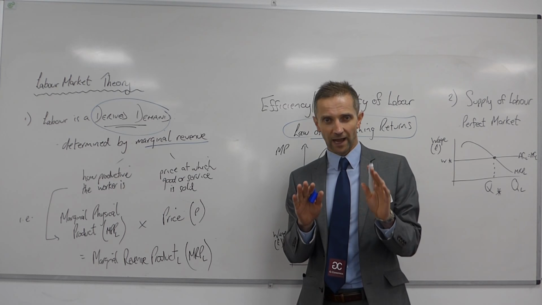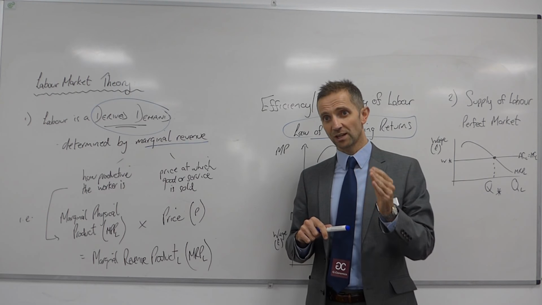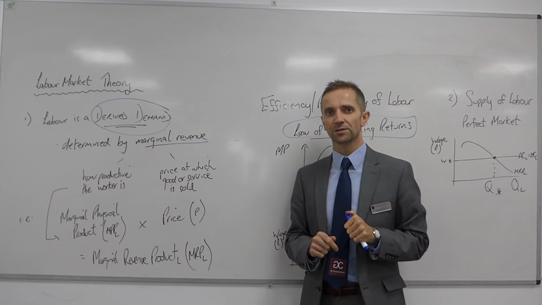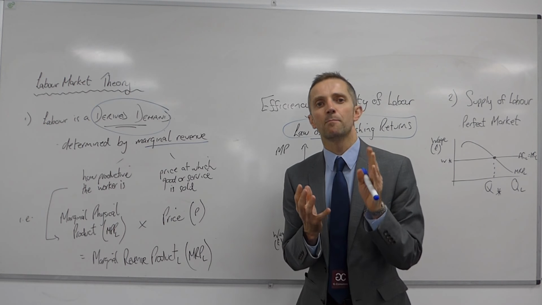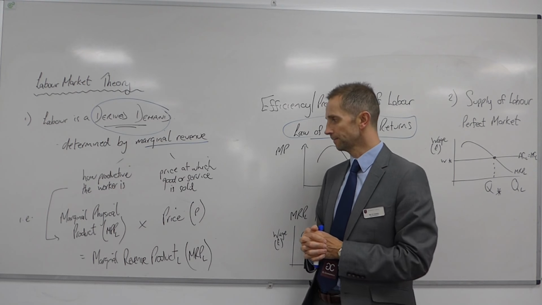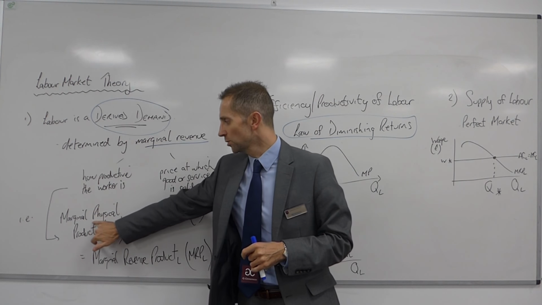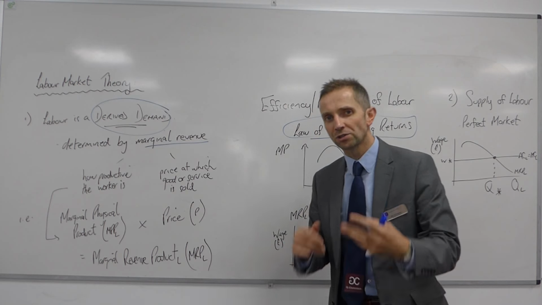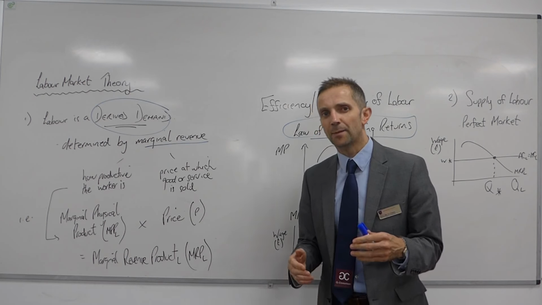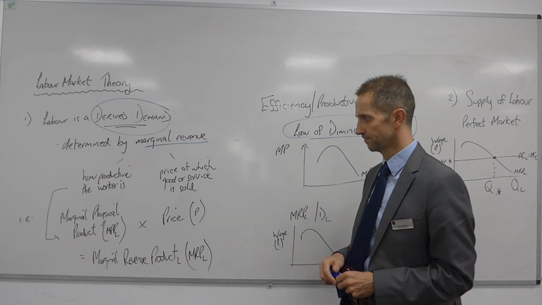But the general gist of that is that the efficiency of labour or land, but primarily labour when we're looking at LDR, law of diminishing returns, is described as their marginal physical product, the MPP, the marginal product of somebody. But in labour market theory, we're just tagging on this additional word physical. So we're talking about the marginal physical product of labour. So how efficient they are at producing whatever it is that your firm produces.